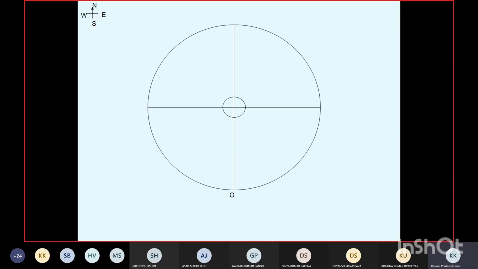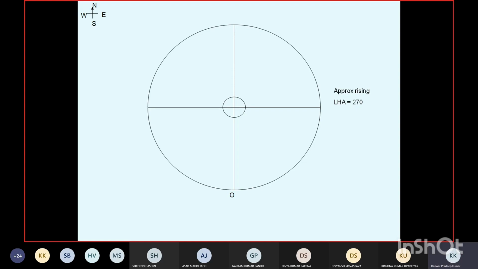So once again, we have the meridian passing through the observer. What is that small circle in between, gentlemen? That is the pole, the North Pole.